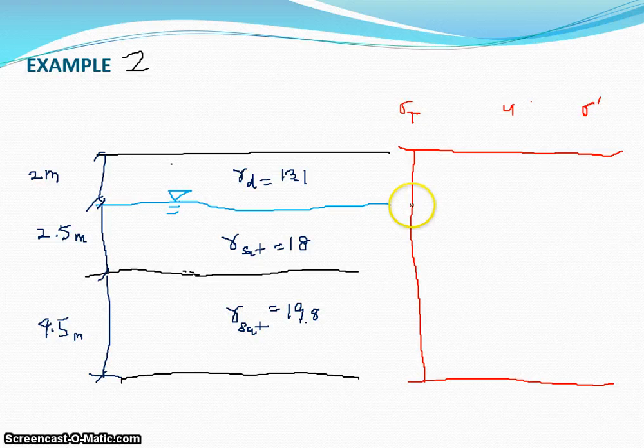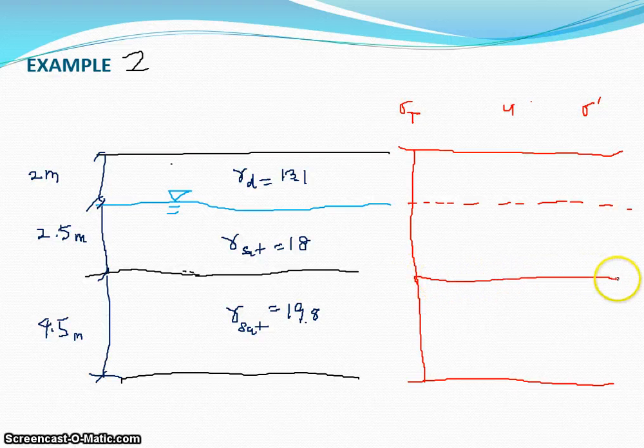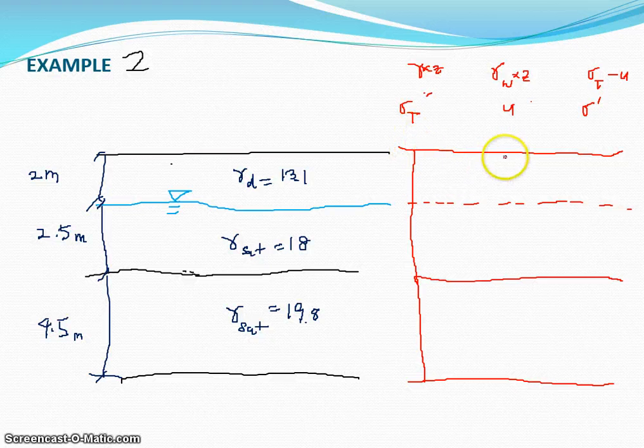For beginners, I suggest doing it separately, one by one. Calculate the total stress first: gamma times z; the pore pressure is gamma w times z; and the effective stress is total stress minus u. So we have three different parts.